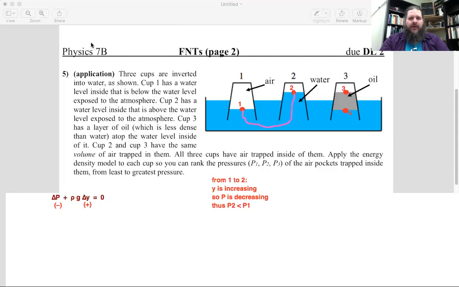So we may not be able to go from 1 to 3 directly or from 2 to 3 directly, but we can certainly go from 1 to 4 and then from 4 to 3, or from 2 to 4 and then from 4 to 3. And if we go from 1 to 4, what do you notice about point 1 and point 4?